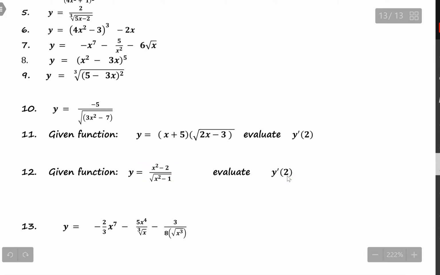Okay, so let me write it down on my blank page up here. I already completed question number 9, so I don't need to continue with it. I just want to remind everyone that this is number 12 on practice for derivative rules.